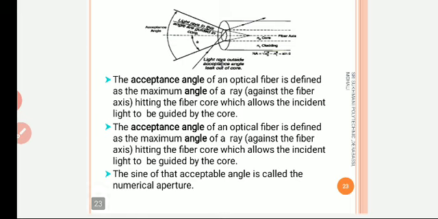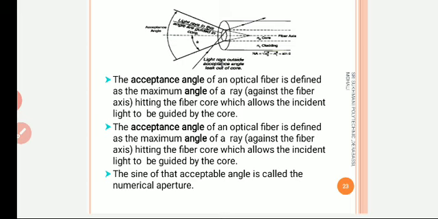Then another important part is called the acceptance angle. Acceptance angle means the angle of an optical fiber. We can say it is the maximum angle of a ray hitting the fiber core, which allows the incident light to be guided by the core. What is the meaning of this? The acceptance angle is also called the numerical aperture.